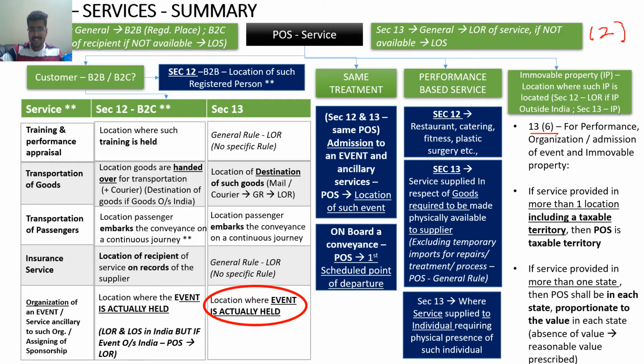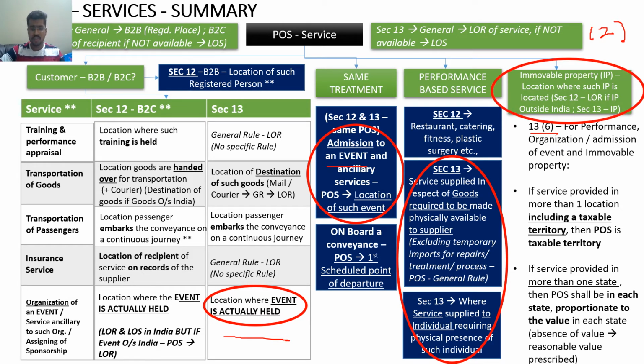And then 13.6 says, for performance based service, organization or admission of an event, and immovable property service, which is nothing but this organization of an event and admission to an event, and then for performance based service, it can be in respect of goods or it can be in respect of individuals. If these three and also immovable property, right?